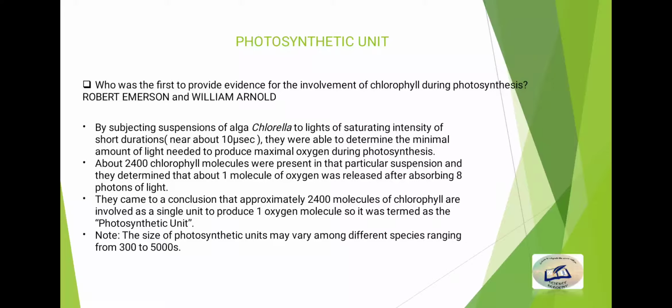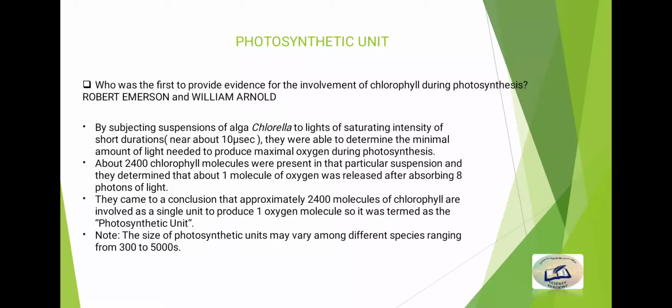Now, based on the number of chlorophyll molecules present in that particular suspension, they found that 1 molecule of oxygen was released after absorbing 8 photons of light. Okay, so keep this in note. Based on the number of chlorophyll molecules present in that suspension of alga Chlorella, they found that 1 molecule of oxygen was produced after absorbing 8 photons of light.